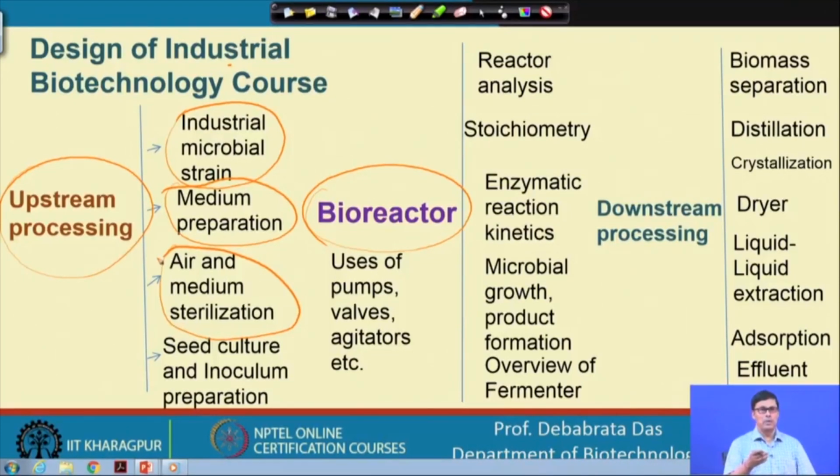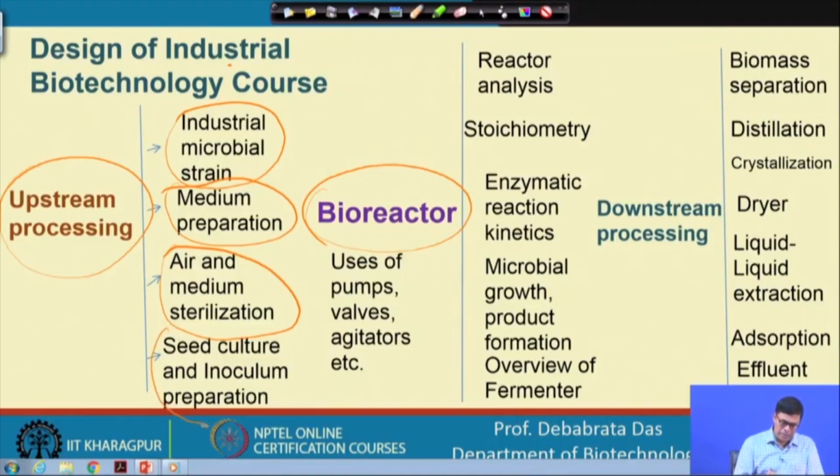Yeast can grow very well in cane molasses, and the doubling time of yeast is much less compared to Aspergillus niger. So if even a little yeast enters the system, it spoils the whole fermentation process. The system should be perfectly sterile, so air and medium sterilization plays a very important role.